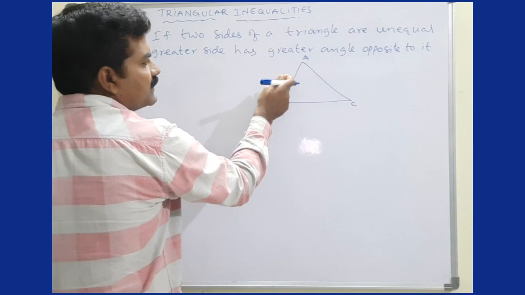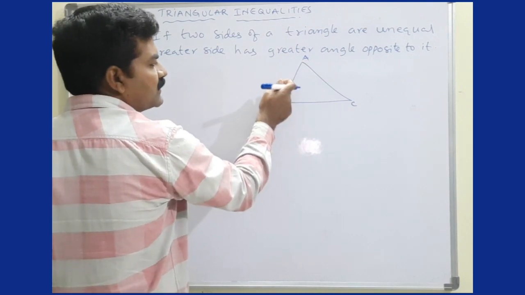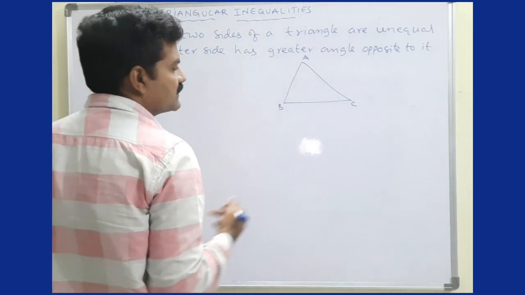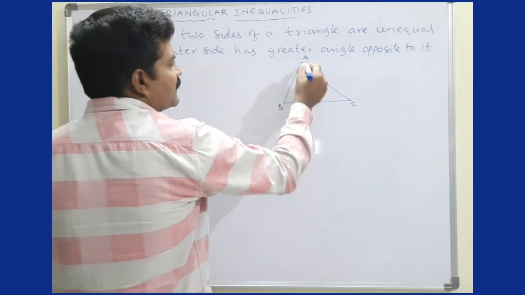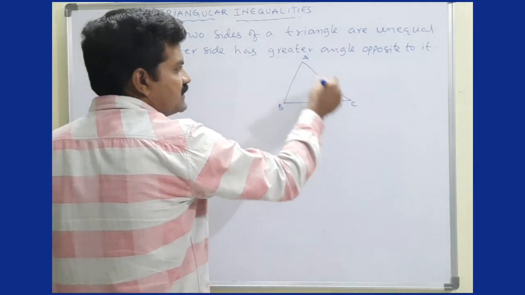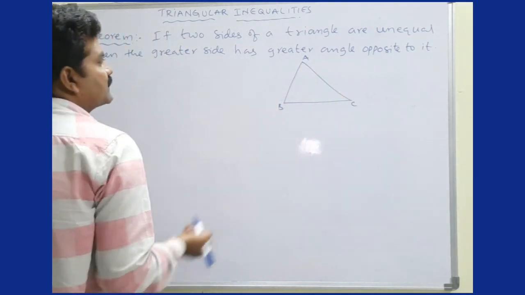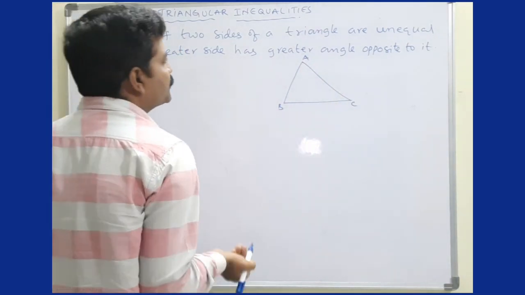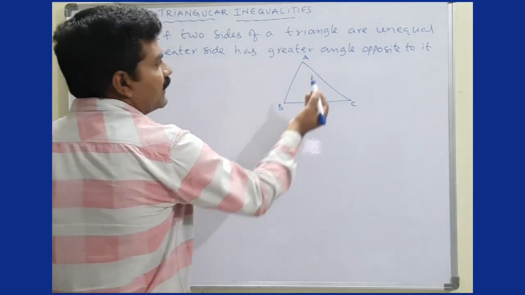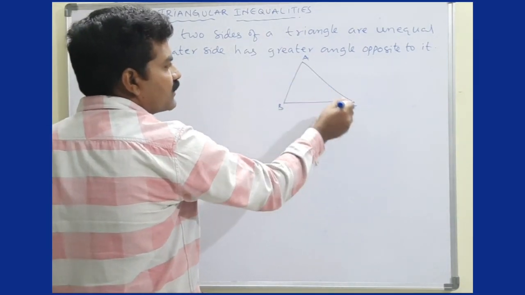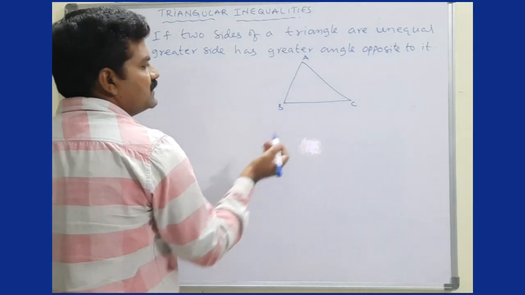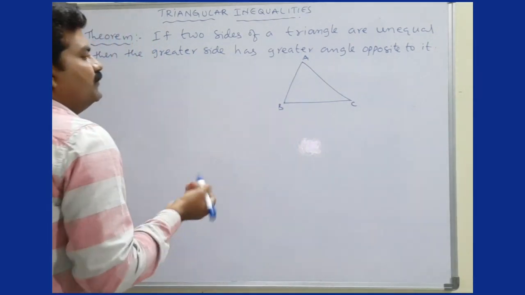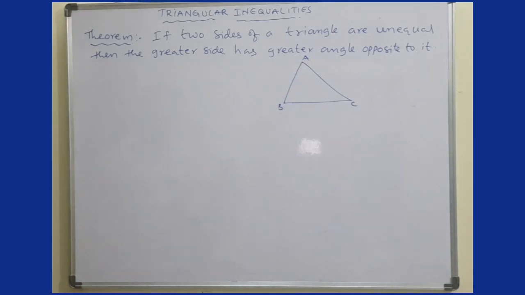Assume that AB and BC are the two unequal sides. Then clearly here, say AC is the greater side. Then what we need to prove is that the angle opposite to this one, which is angle B, is greater. So we need to prove that the greater side has greater angle.